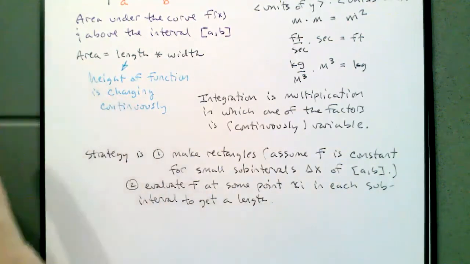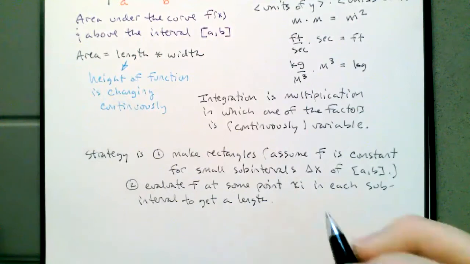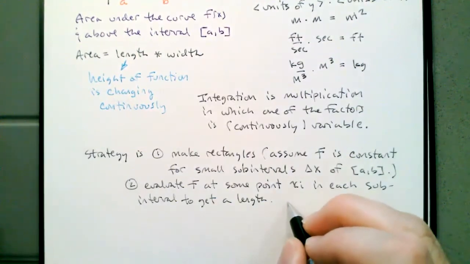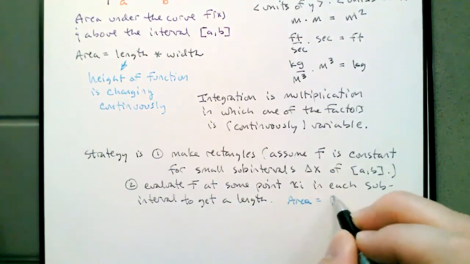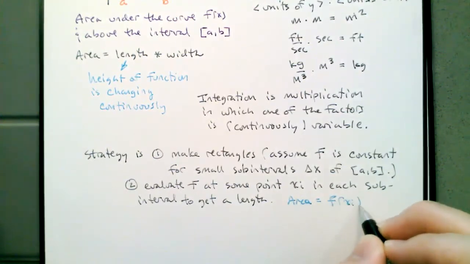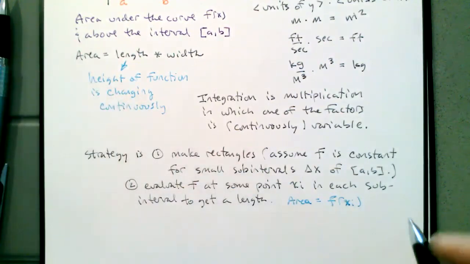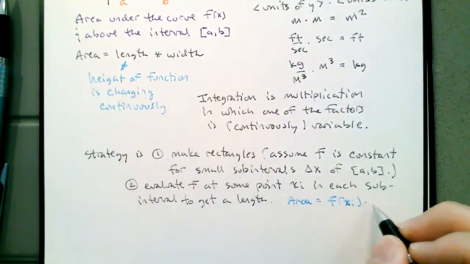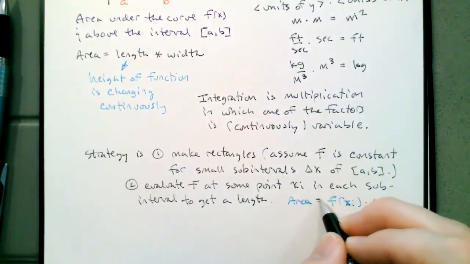And so our area is going to be f at xi times delta x.